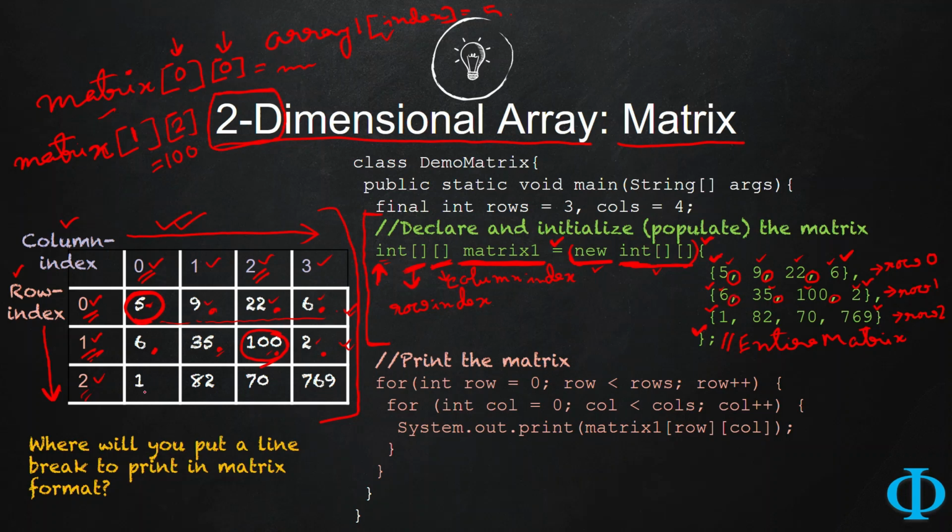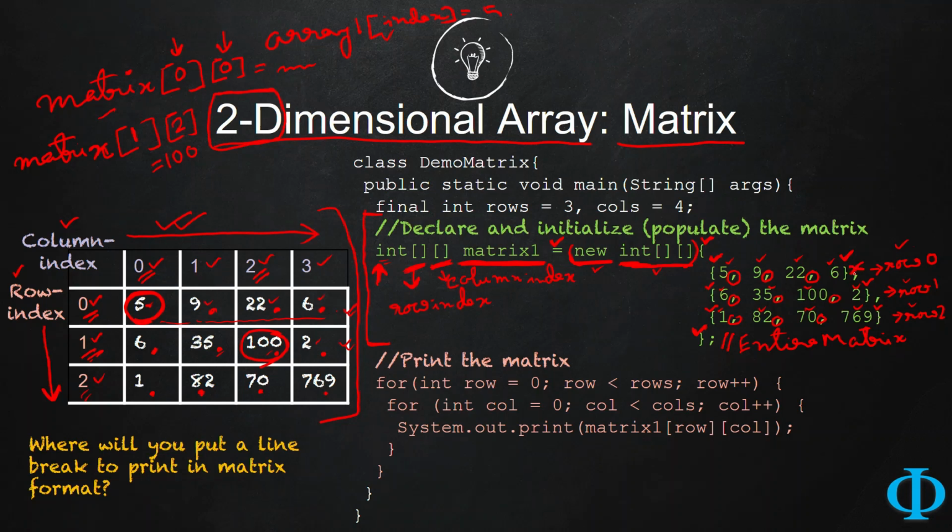And in the third row I have 1, then 82, then 70, and then 769. So write down 1, 82, 70, and 769, everything separated by a comma once again. Now, since this is a matrix, every row also should be separated from each other with a comma, as you can see in here.